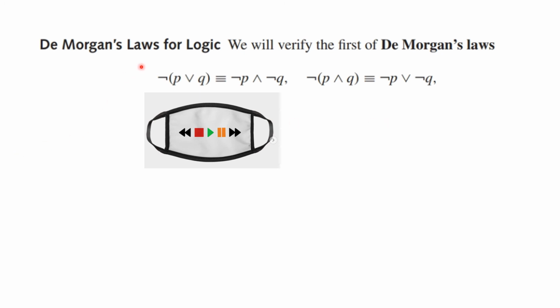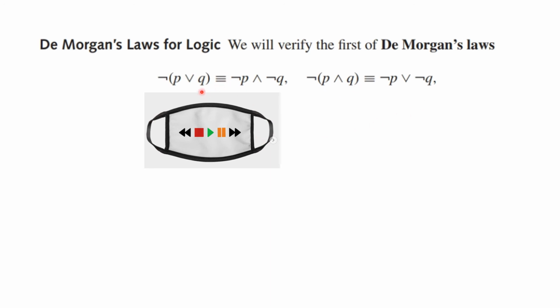One of these laws is called De Morgan's law, and you see if we take the negation of P or Q, that is considered to be logically equivalent to negation P and negation Q, but we change the sign in the middle to a conjunction. This is De Morgan's law. This is also called another version of De Morgan's law. Negation of P and Q is negation P or negation Q.